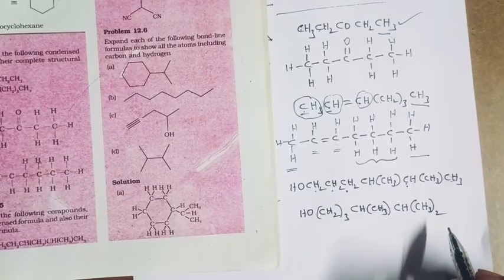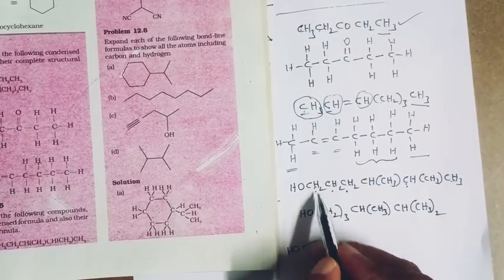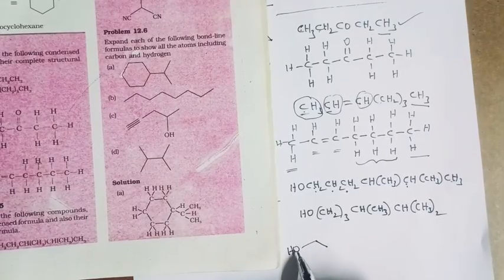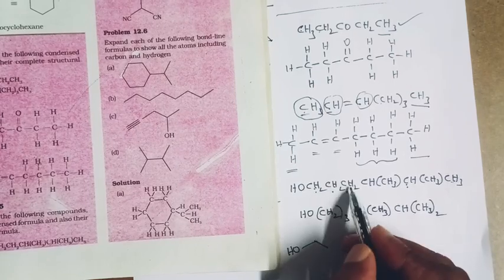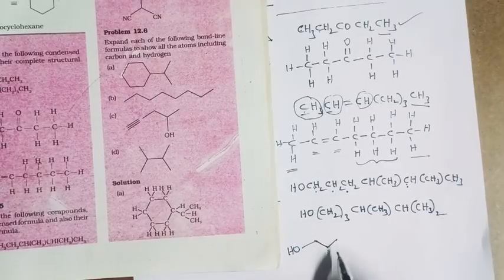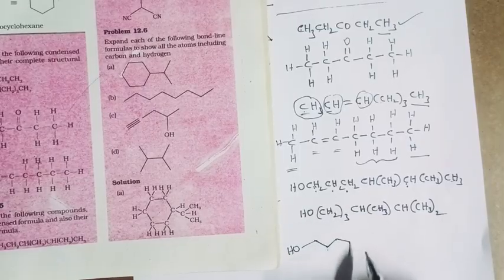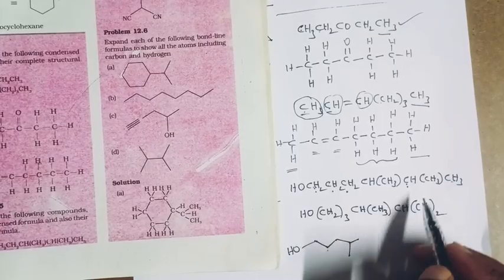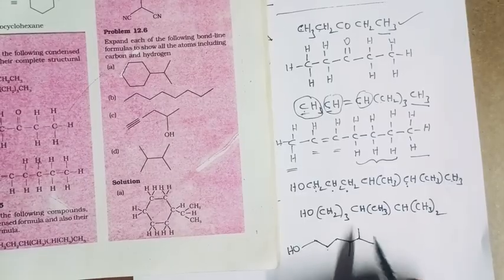Okay, now the bond length formula we can write. Here I have written OH, here CH2, because this oxygen is a heteroatom, we have to write OH. And this is CH2, this one, this is CH2, this one, this is CH2, this one, 3 CH2s, 1, 2, 3, that means 3 CH2s are there. And then this CH, and this CH3 is available, this CH3 I wrote like this, and again CH is there. After that, one methyl group, another methyl group.